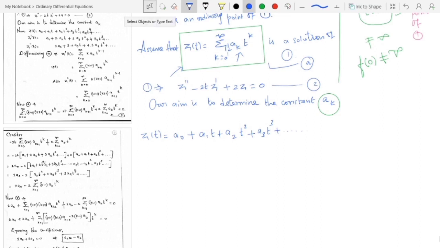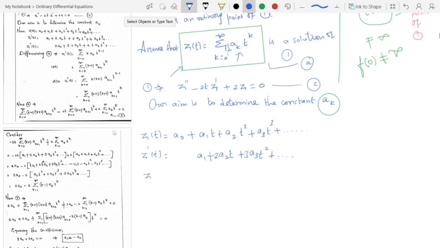In equation 2, we have z dash and z double dash. For that, differentiating z of t, we get z dash of t: a_0 is a constant, and differentiating a constant with respect to any variable gives 0. So a_1 (a_1 is a constant), a_2 times 2t, differentiating t squared, plus a_3 times 3t squared, plus and so on.